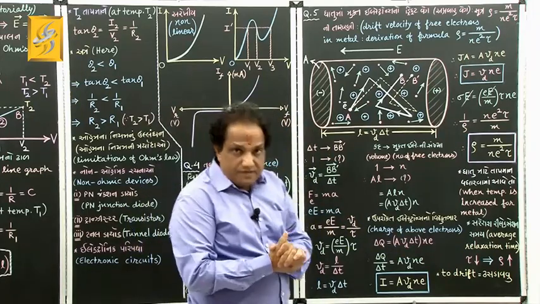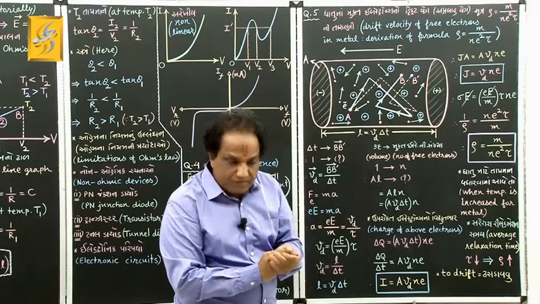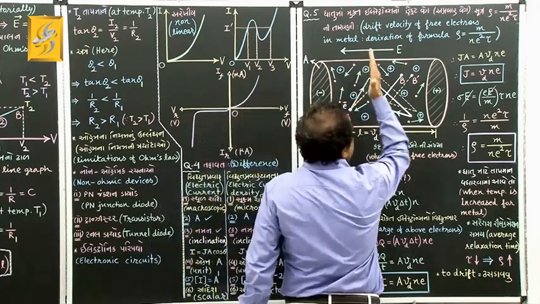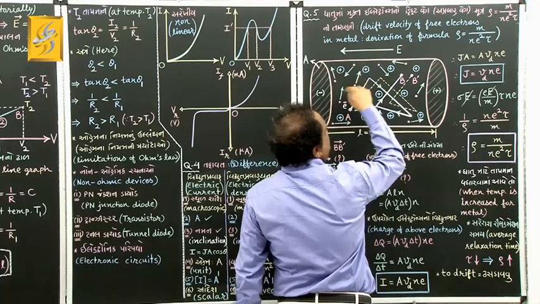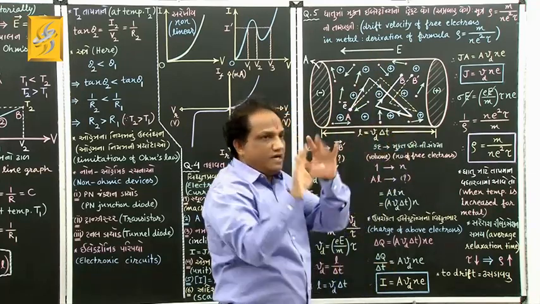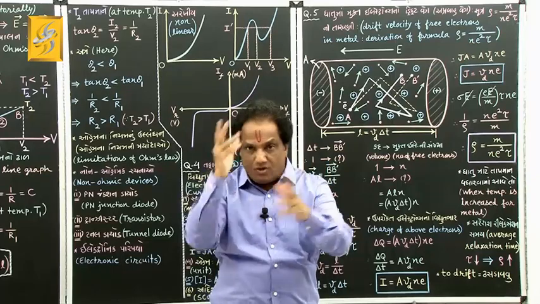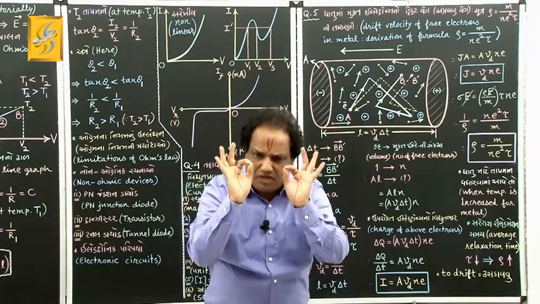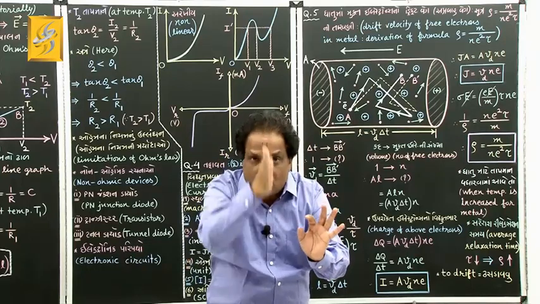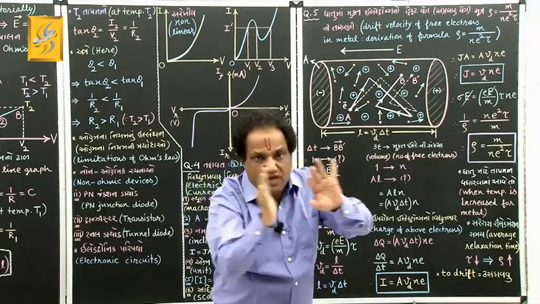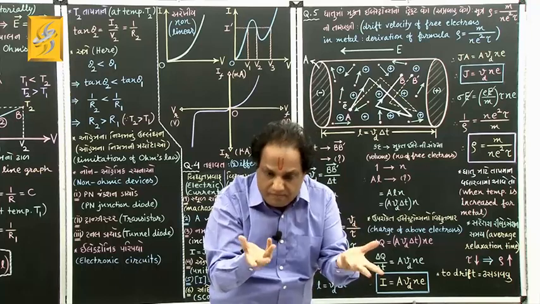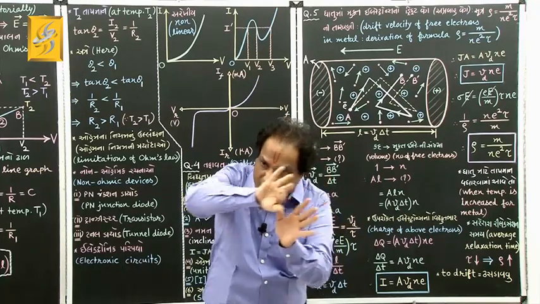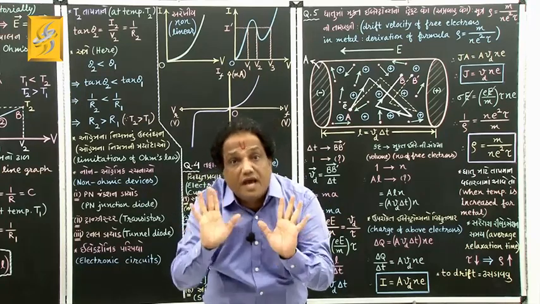Now just consider any cross section inside this conductor. Because these free electrons make their random motion with equal probability in all the directions, whatever number of free electrons cross this cross section and enter the right hand side part in a given time, the same number will cross it and enter the left hand side part in the same time.